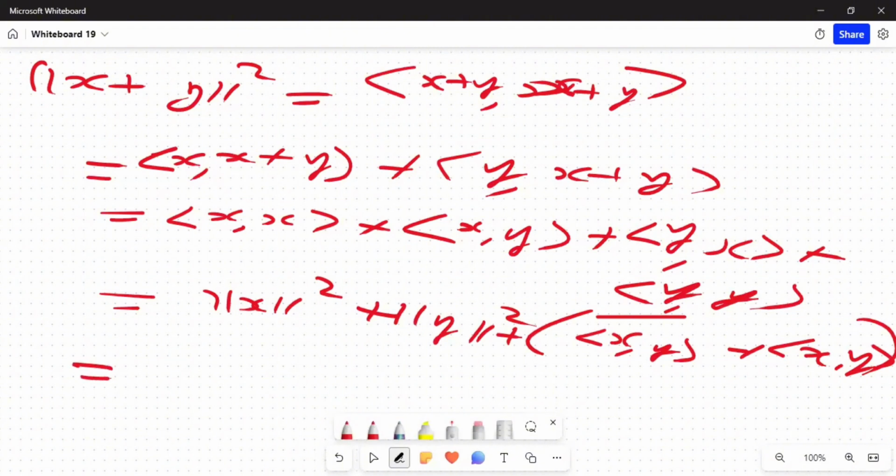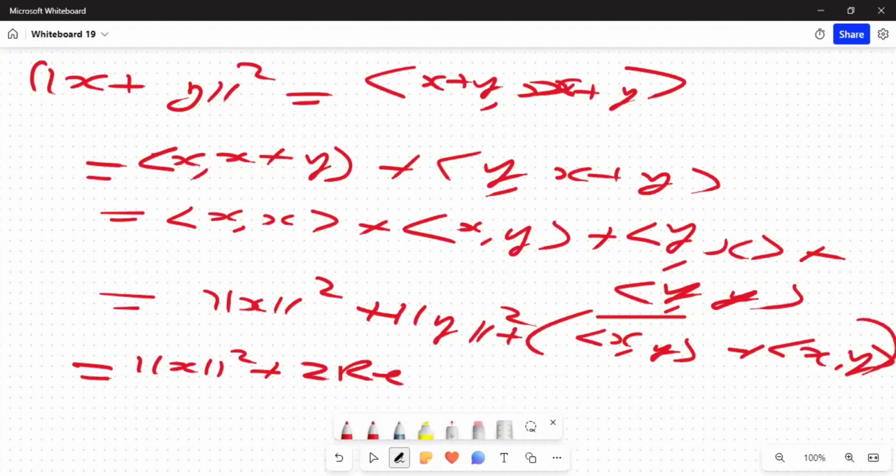So if you are now adding, you have the norm of x squared plus 2 times the real part of the inner product of x comma y, because x comma y conjugate plus x comma y will be a real number.